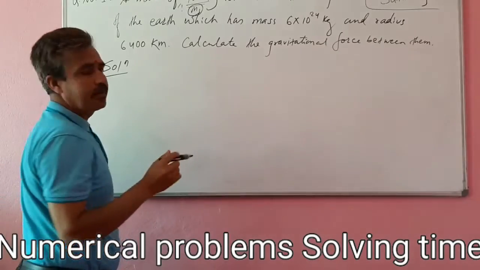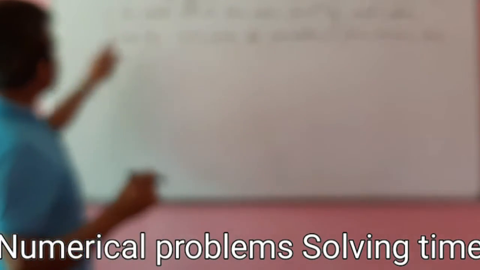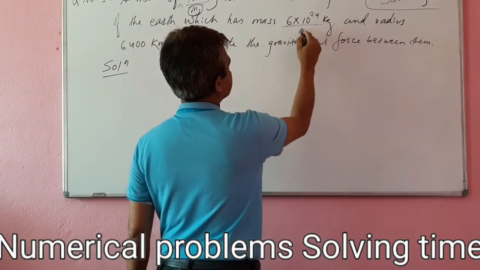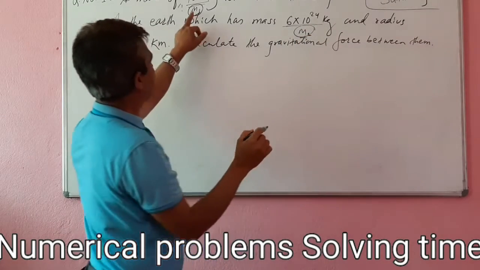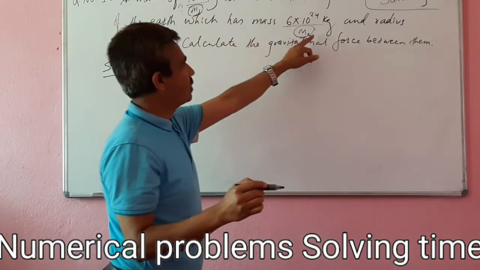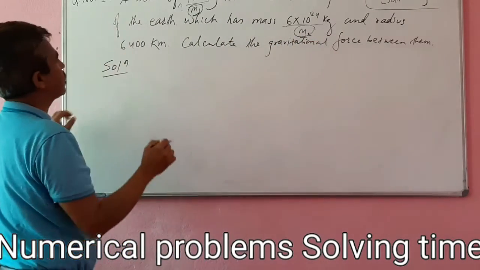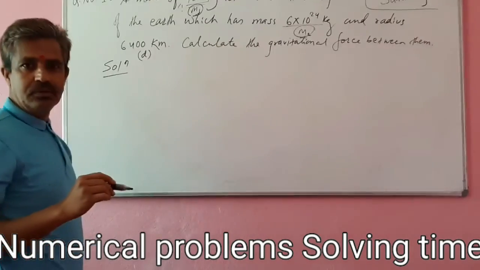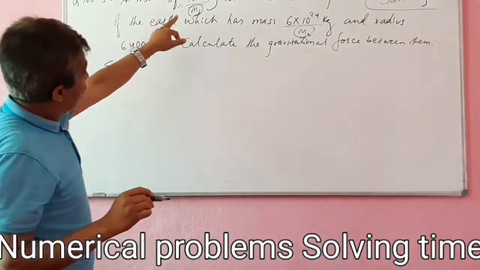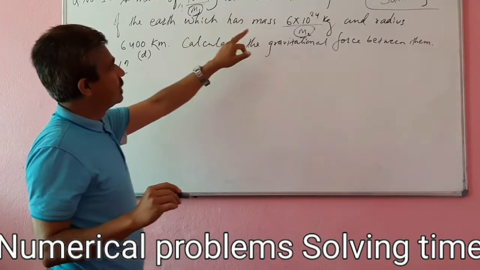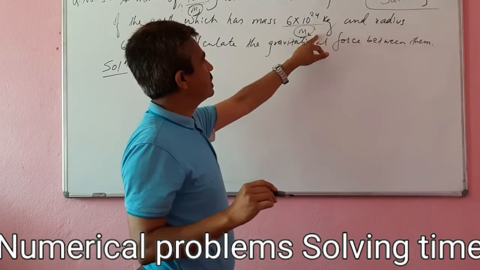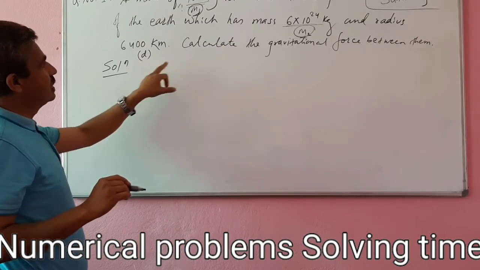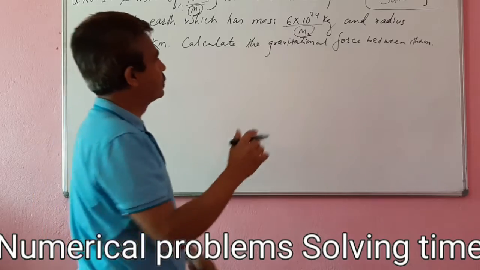Mass of the first body, M1. On the surface of the earth, which has mass 6 times 10 to the power 24 kg, this is M2, and radius 6400 kilometer, this is D. Calculate the gravitational force between them.